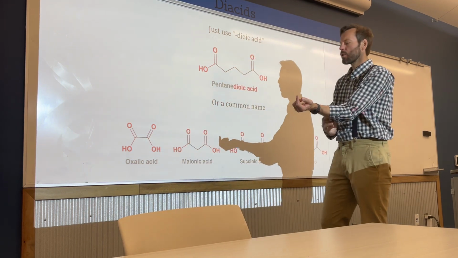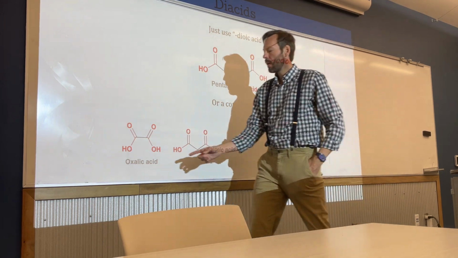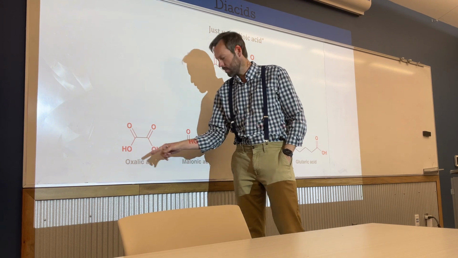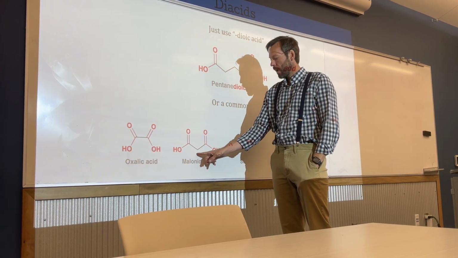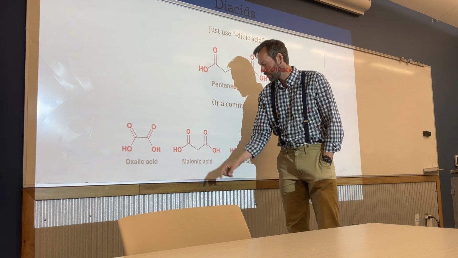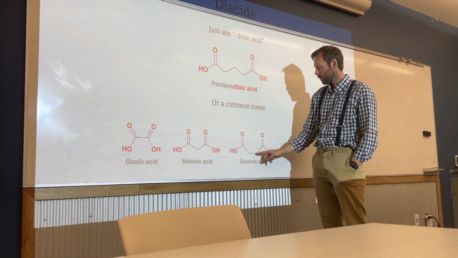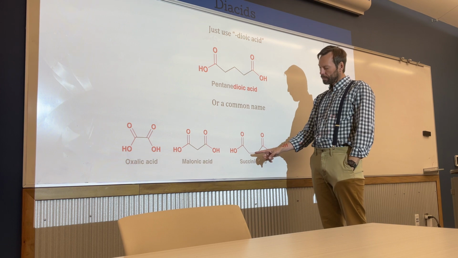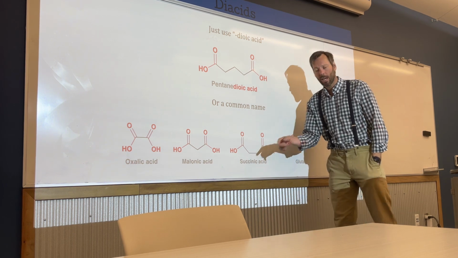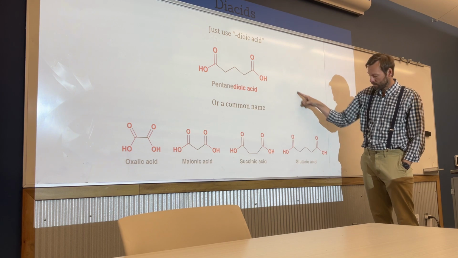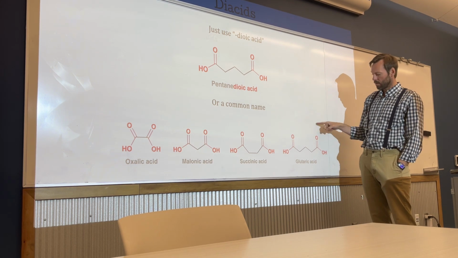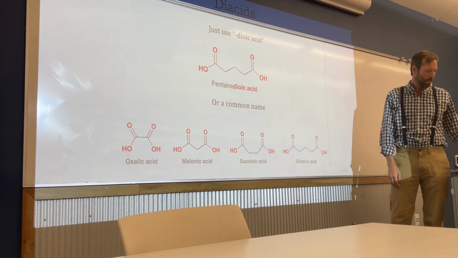And we could also call that ethane dioic acid. Propane dioic acid, right? Butane dioic acid. So pentane dioic acid or glutaric acid.